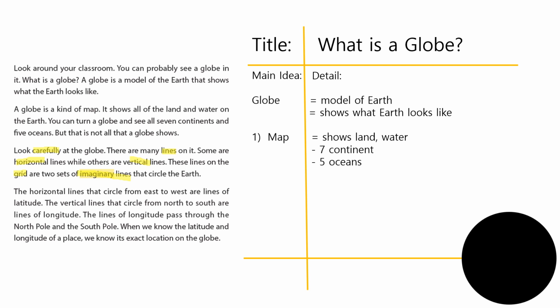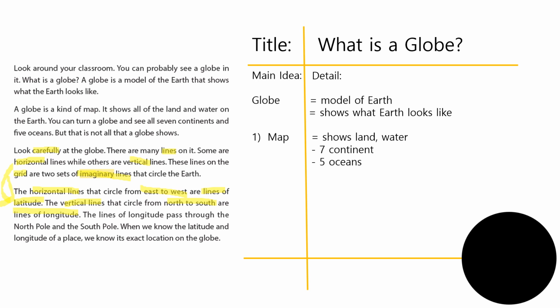So if you take a look on the 4th paragraph, it says, the horizontal lines that circle from east to west. 동쪽에서 서쪽으로 그어지는 선들은 lines of latitude라고 한대요. The vertical lines that circle from north to south are lines of longitude. 북쪽에서 남쪽으로 그어지는 선들은 lines of longitude라고 불리운데요.